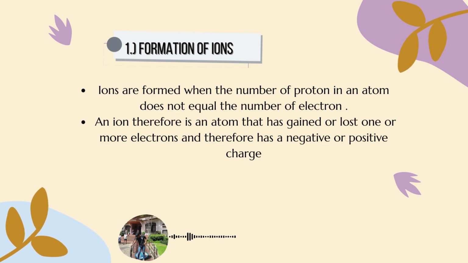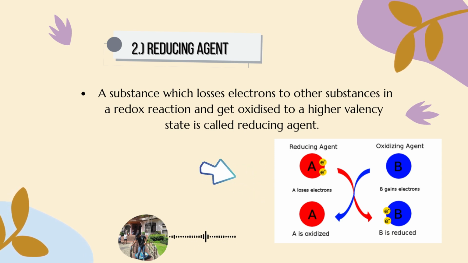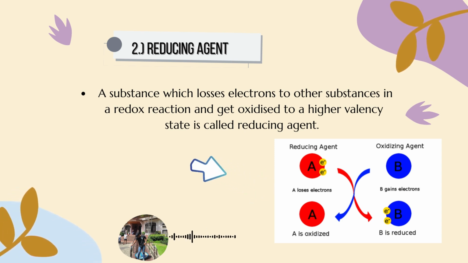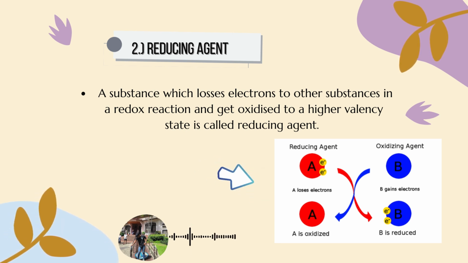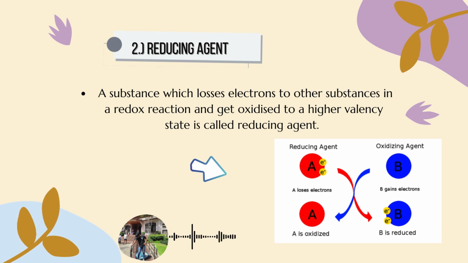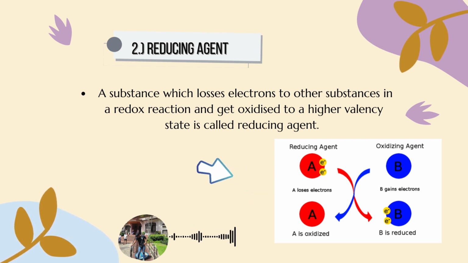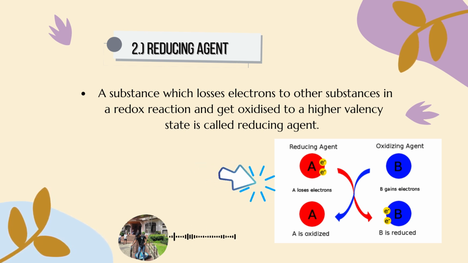What is a reducing agent? A substance which loses electrons to another substance in a redox reaction, and gets oxidized to a higher valency state, is called a reducing agent. A reducing agent is one of the reactants of the oxidation-reduction reaction which reduces the other reactant by giving out electrons to the reactant.